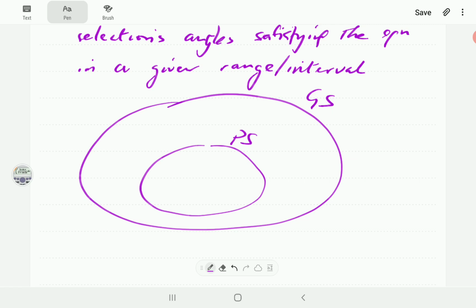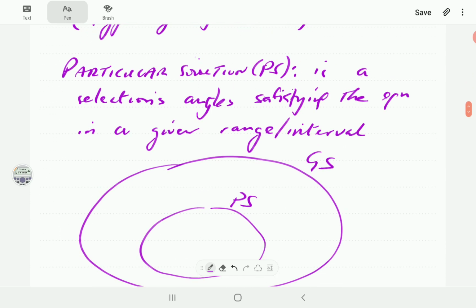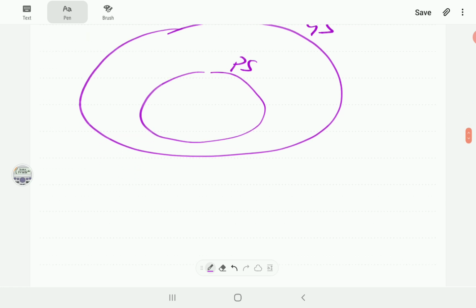So as you will see, we will first find the general solution, and then from there we will find the particular solution. So let's look at some examples.